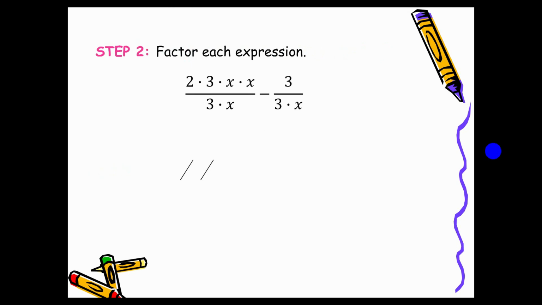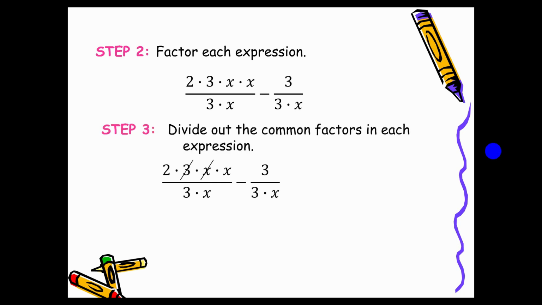So the factors are 2 times 3 times x over 3 times x, minus 3 over 3 times x. Then after that, we will divide out the common factors in each expression. So the common factors here are 3 and x.